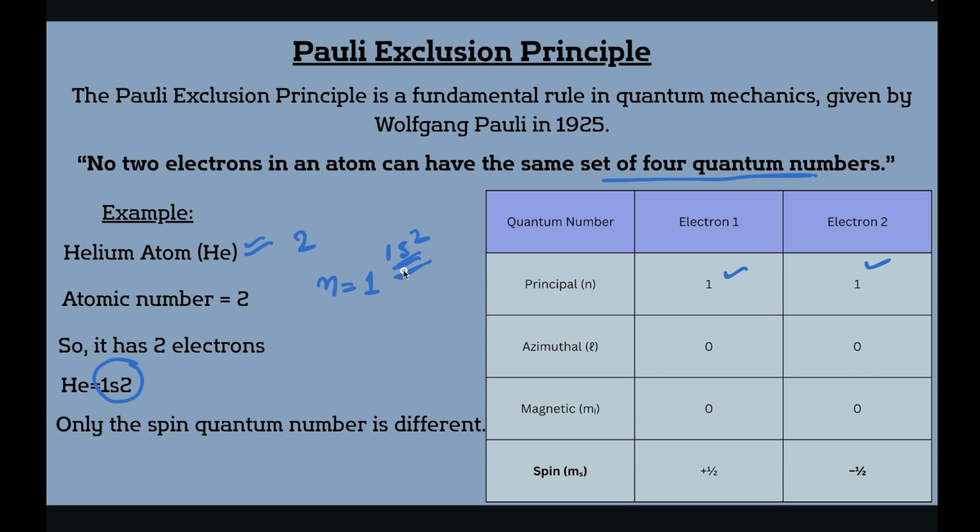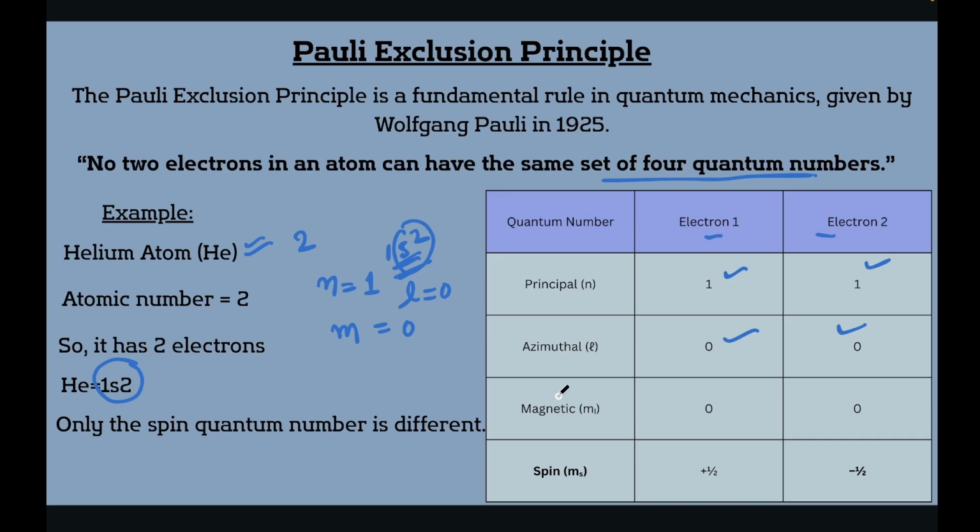And the value of azimuthal quantum number is 0, because this orbital is placed in s subshell. So for s subshell, the value of L is 0. So for both the electrons, the value of L is 0. And the magnetic quantum number M is also 0 for both the electrons.